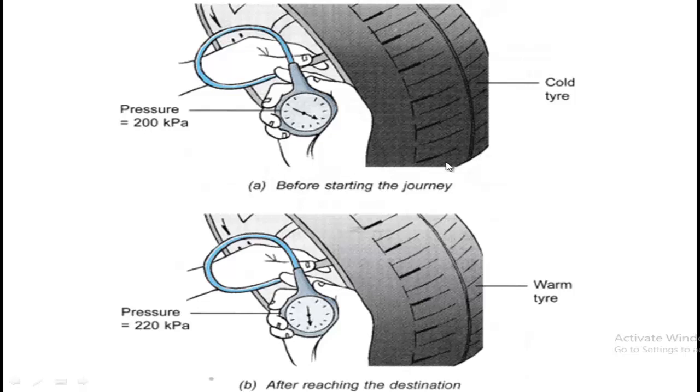What do you know? If you measure the pressure inside the tire before starting the journey, that means at the cold stage, because the temperature was cold before starting the journey, then you will get a pressure, suppose that is 200 kilopascal.